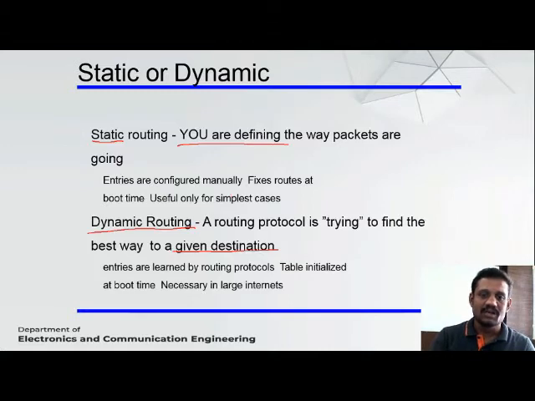So consider that two strategies are available: static routing and dynamic routing. Depending upon the situation, we need to apply either static or dynamic routing. For a simple network, we use static routing, but if you are taking a huge number of routers or a large network, you need to apply dynamic routing, because dynamic routing is provided by distance vector protocols.